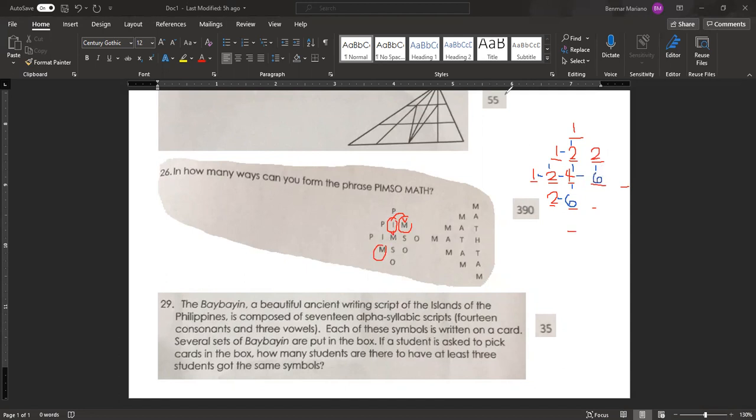Next, in here, wait lang. Notice this one. Just going to check my solution here, just to make sure. Oh, okay. Yeah, wait lang.